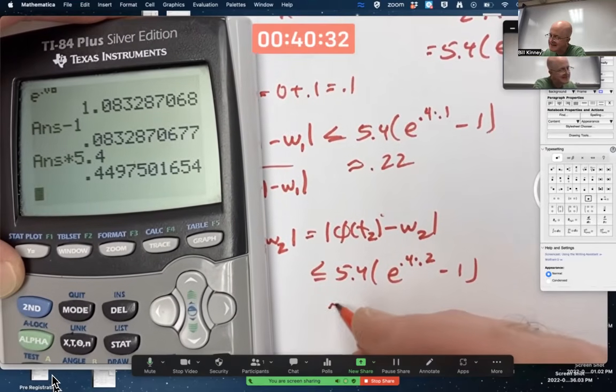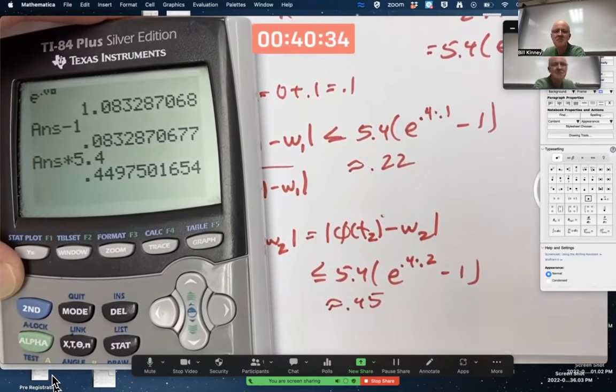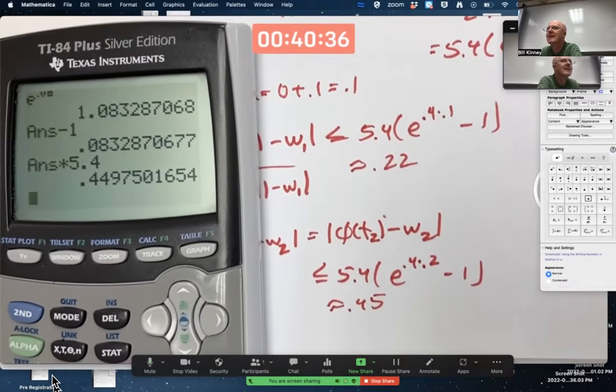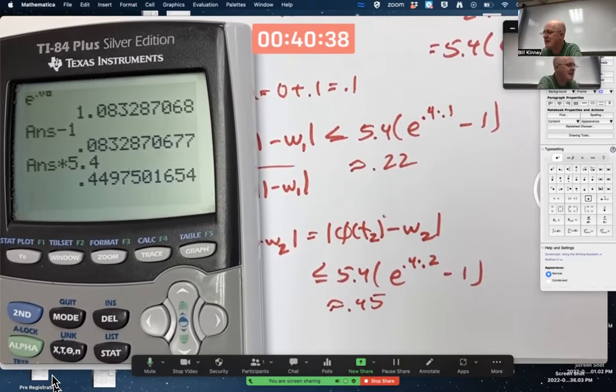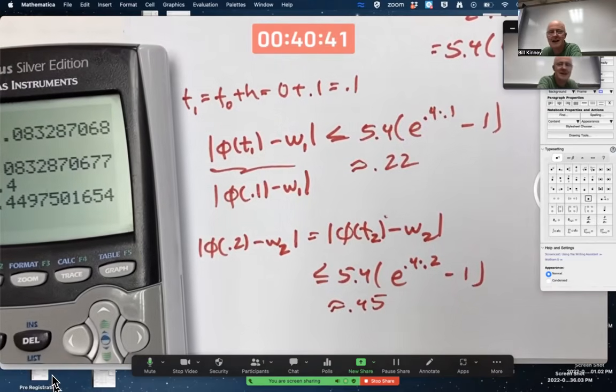Ugh. Not so good. And yeah, you keep plugging in higher and higher values of t_i, the error bound's not going to get any better. It's going to get worse and worse.